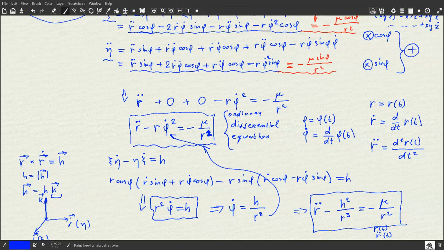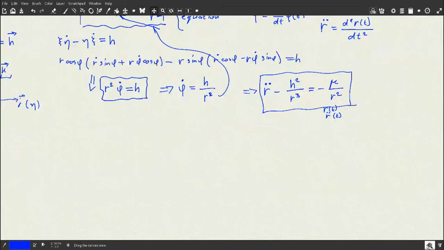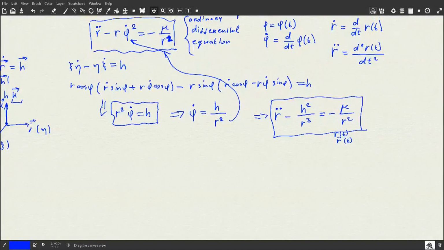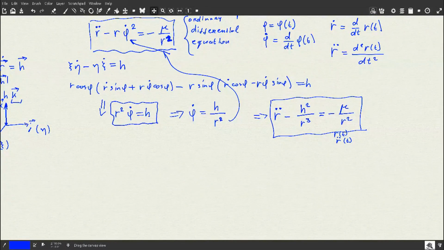But what we can do, we can simplify this equation far enough so that the solution would become almost obvious. So it can be solved directly, but let us simplify it further.